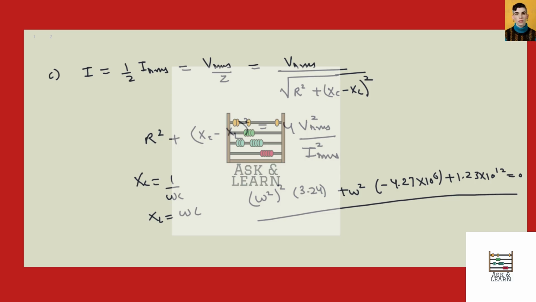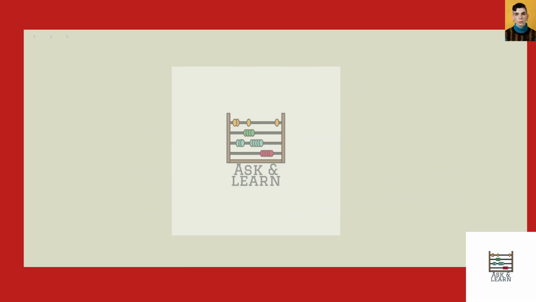We can solve this equation to find omega square. Omega square comes out to be 8.9 into 10 raised to power 5 radian square per second square.